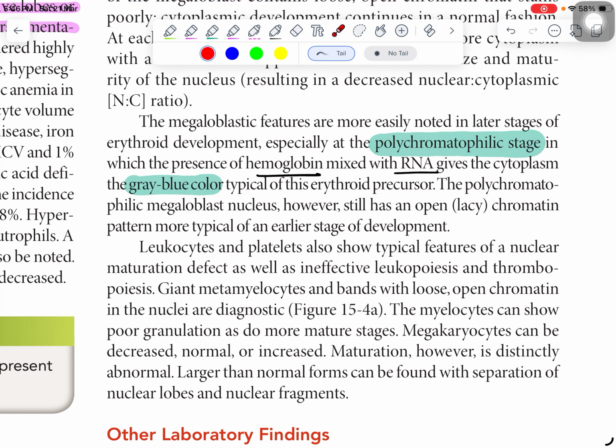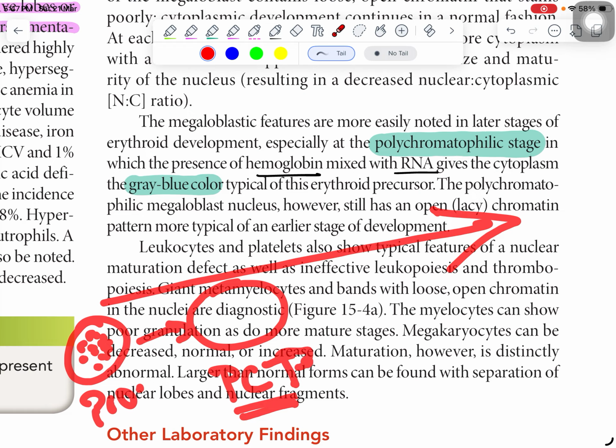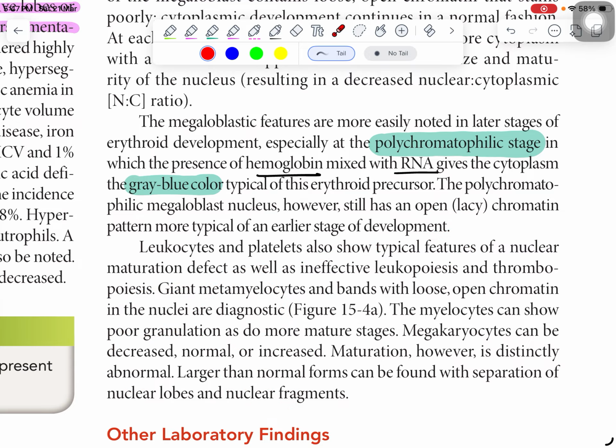Even as it progresses, suppose this is an early erythroblast, that is the pronormoblast, whatever you say. When it has become polychromatophilic, the nucleus has to be more dense, right?